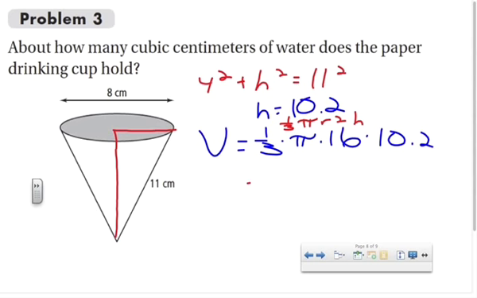And I have 172 cubic centimeters. Okay, I have 10.2 times 16 times pi divided by 3.